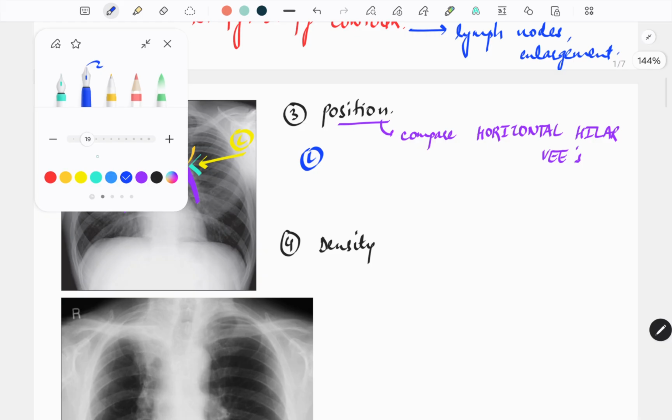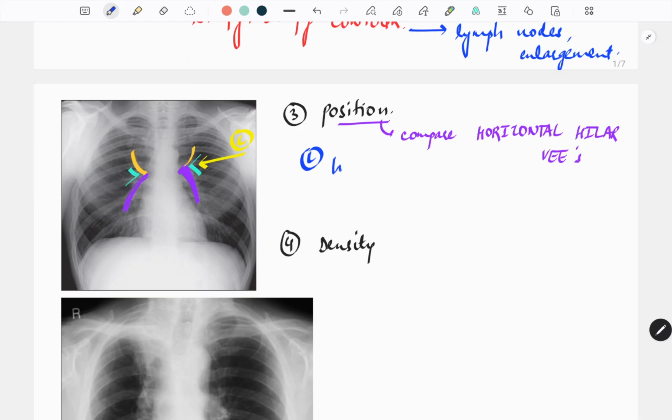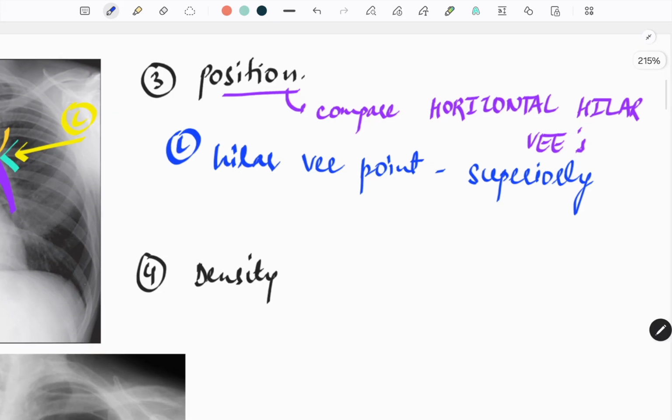Left hilar V point should be seen superiorly.